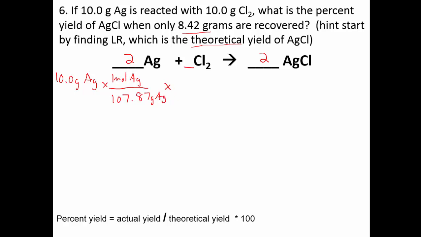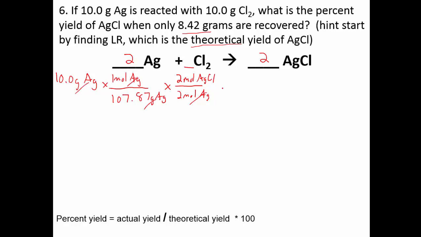Once we're in moles, mole to mole ratio, we can move between moles of silver and moles of silver chloride. 2 moles AgCl over 2 moles Ag. So moles have canceled moles, grams have canceled grams, and now we're in moles of AgCl.